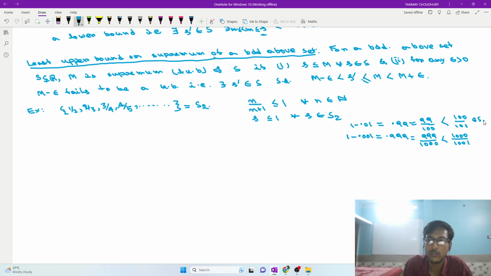These also belong to S2. That is not our concern. What we want to tell is that this 0.99 is not an upper bound, because we got an element in S2 which is greater than 0.99. Similarly, 0.999 is also not an upper bound. That means what? However small we are lowering from 1, it is failing to be an upper bound. That means 1 is the least possible upper bound, which we call least upper bound or supremum. Okay. So I think the idea is clear.